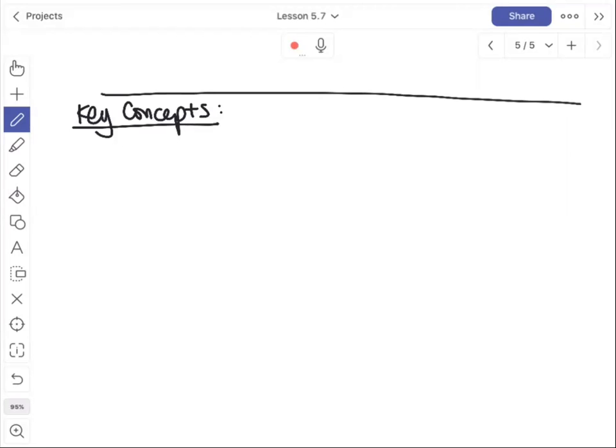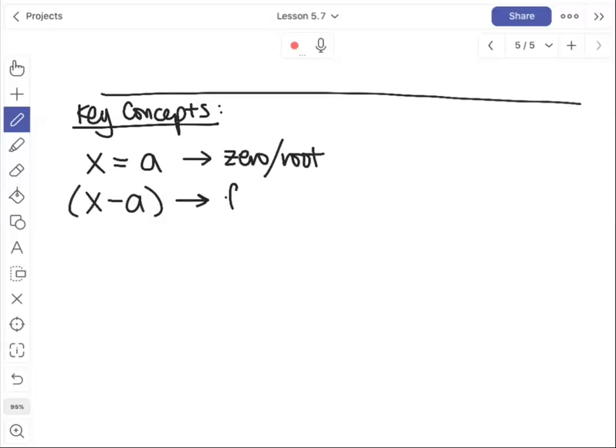One of the key concepts we already talked about is when x is equal to some number, I'll just call it a, any number a, if that a is considered a 0 or a root, that means x minus a is a factor of the polynomial, okay?